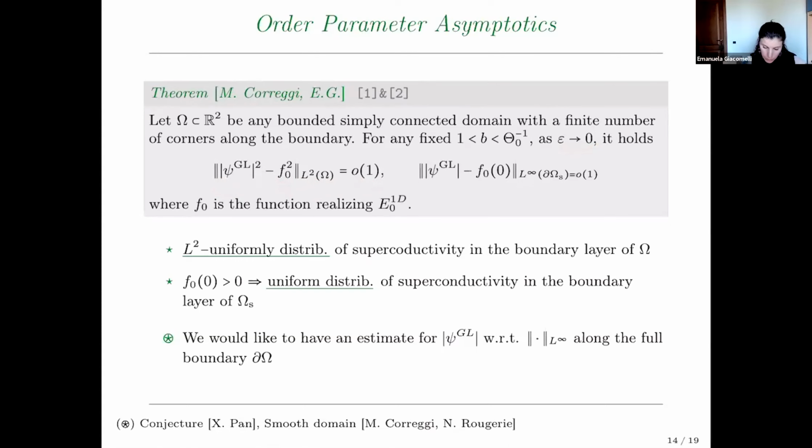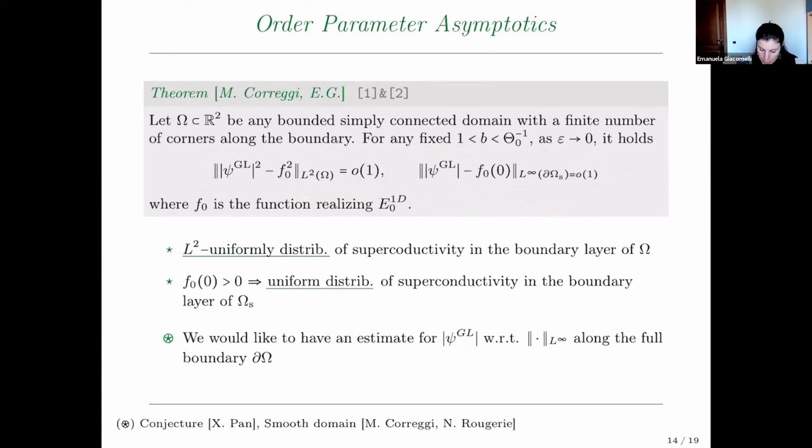And then, to prove this, it is enough to know the leading order in your energy correction. As soon as you are able to extract the first order correction, this estimate is true also in the L infinity norm.